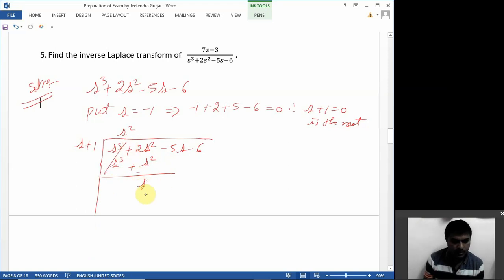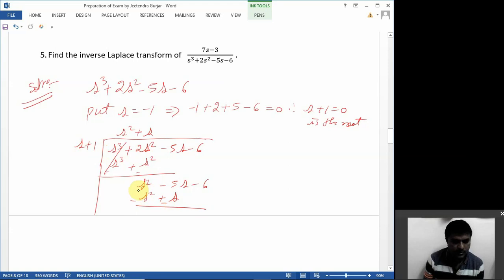This is going to become s square minus 5s minus 6. Repeat this again. I will take here plus s. Multiply s by s plus 1, s square plus s. I will substitute here s square plus s. Again, change the sign.